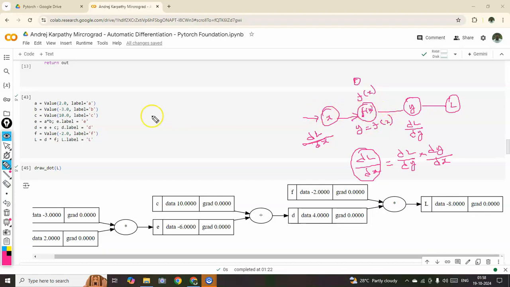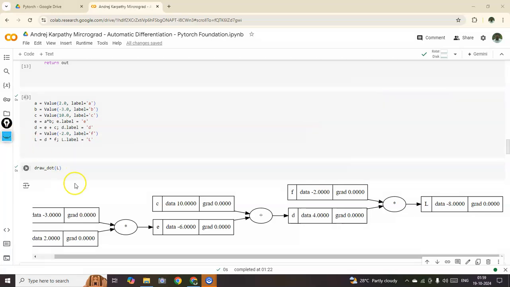This way the automatic differentiation is working. This is my ultimate aim to explain in this video.